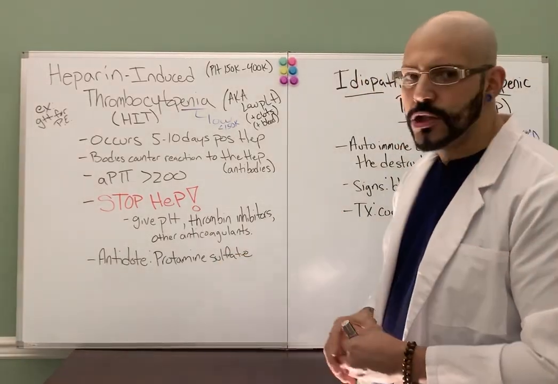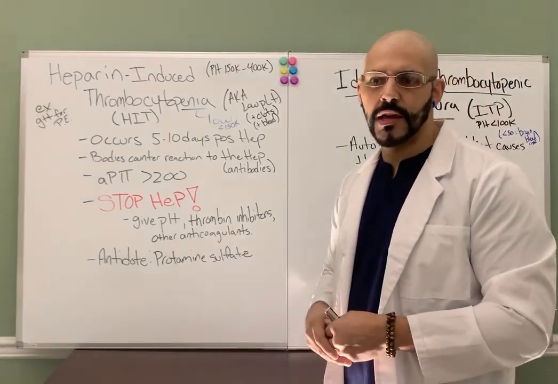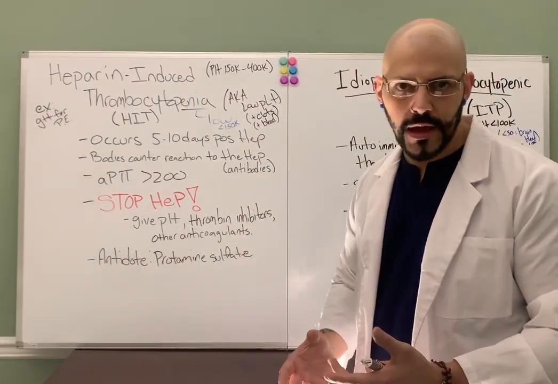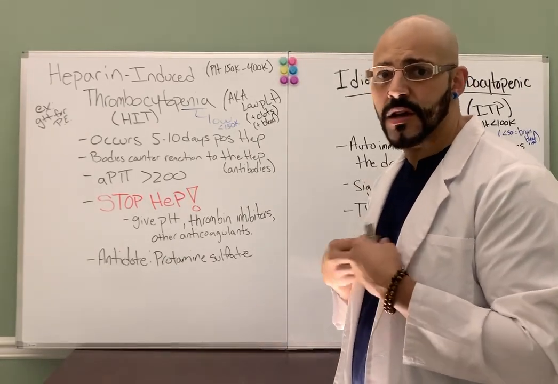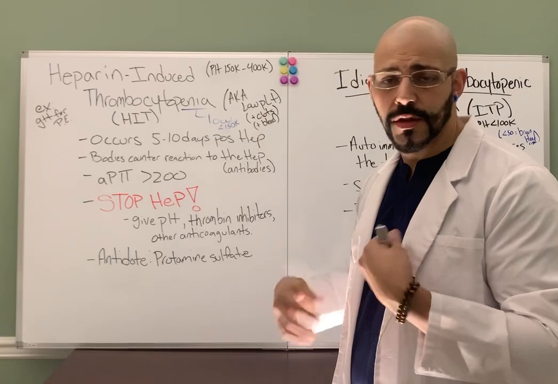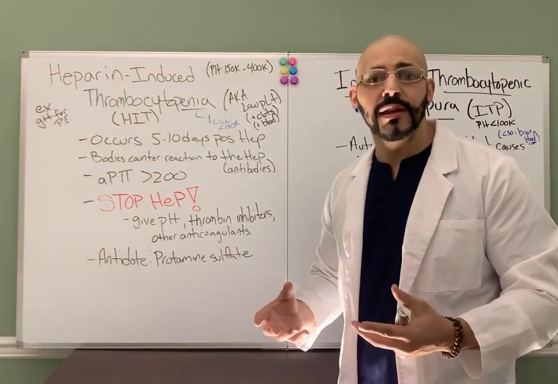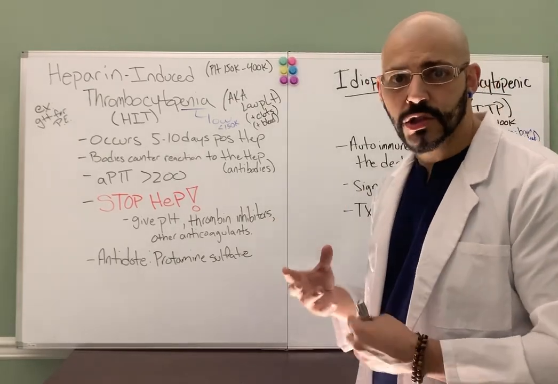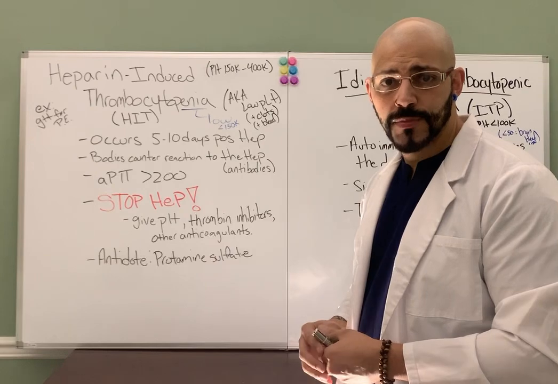Some providers may ask you to switch it up and give another type of anticoagulant. So you may have to give warfarin or something like that, right? Another type of anticoagulant, because you still want to prevent that clot that's in the chest from getting larger or other clots from forming. Another thing that they may ask is for you to give platelets, okay? Because that platelet count is starting to drop, they want you to replenish those platelets and bring those numbers back up, all right?